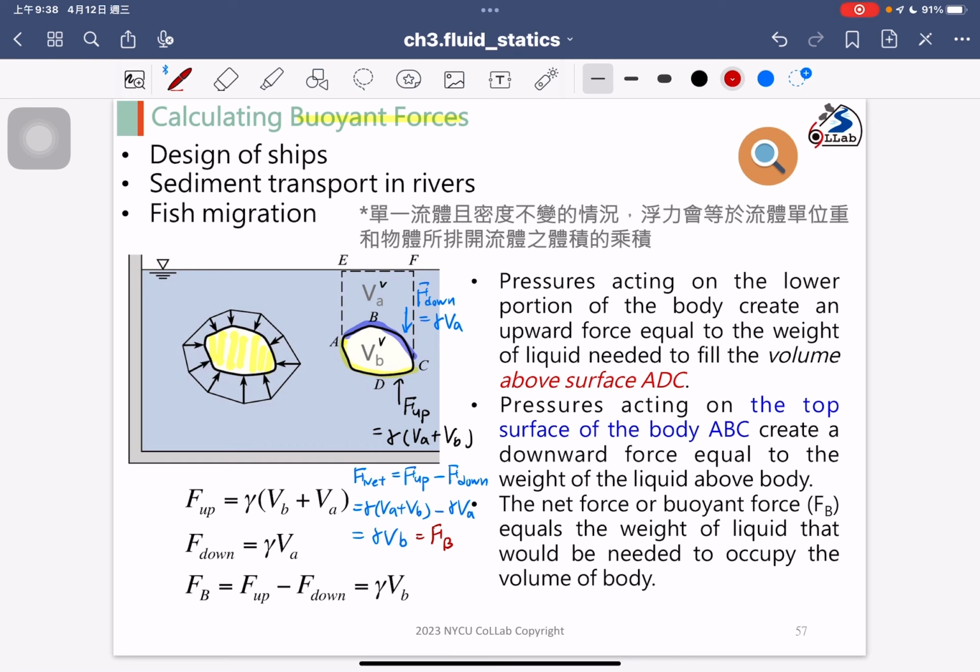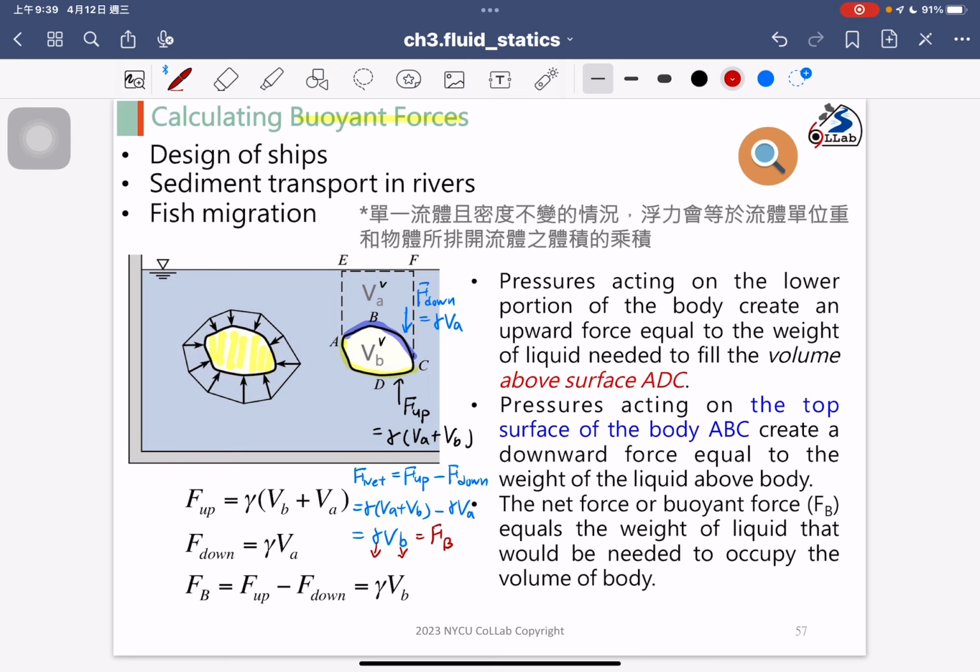So what is the buoyant force? The buoyant force is related to the liquid specific weight, gamma, and also associated with the displaced volume. What is the displaced volume of the body?